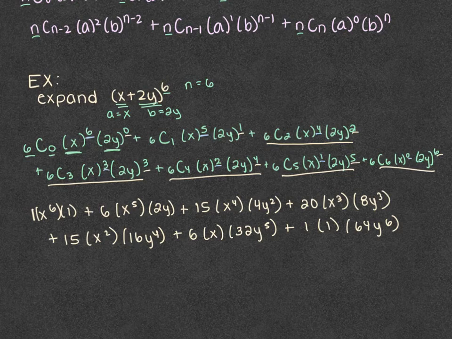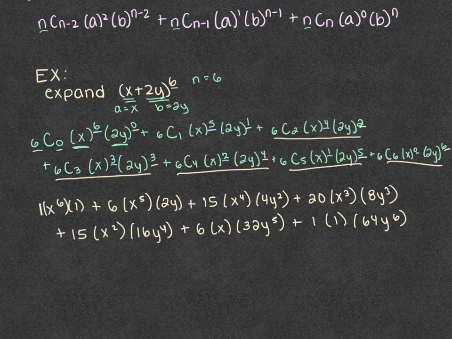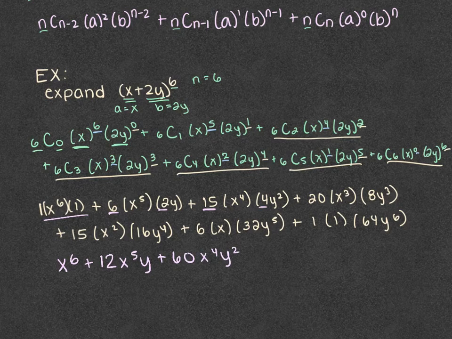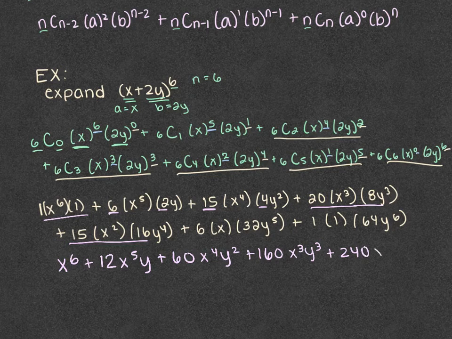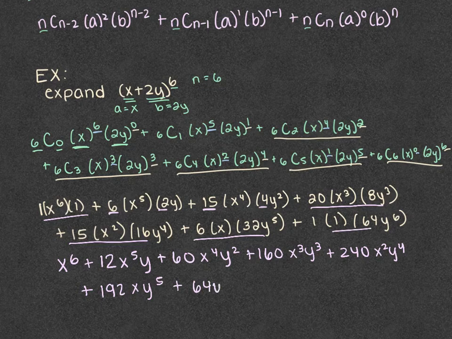And then finally, we can simplify further, and we end up with x to the 6th plus, I'm going to put my coefficients together, so 6 times 2 is 12, x to the 5th y plus 15 times 4, 60, x to the 4th y squared plus 20 times 8, 160, x cubed y cubed, 15 times 16 is 240, x squared y to the 4th plus 6 times 32 is 192, x y to the 5th, and then finally we have 64 y to the 6th.